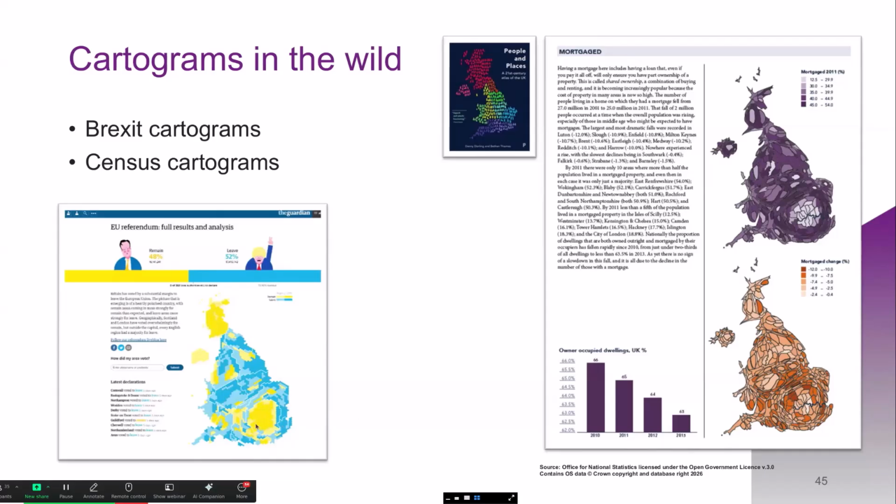So if you display data by cartogram, it can, in some ways, produce a clearer map or visualization. And again, there's this great book that was produced for the 2011 census called People and Places, again co-written by Danny Dorling, which used area-based cartograms to present census data for 2011.